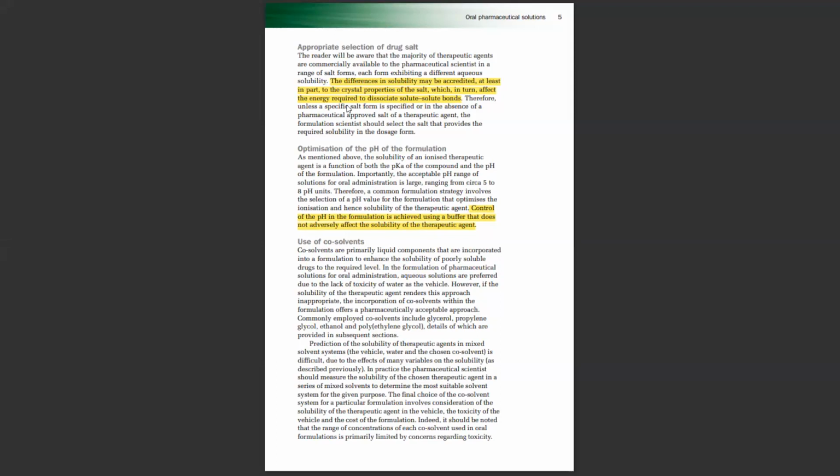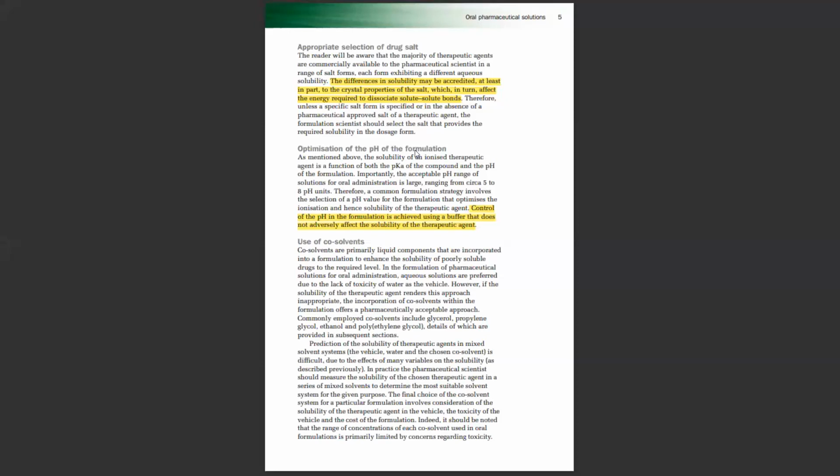But once you combine phenobarbital and sodium, you find that it's more soluble in organic solvents. So differences in solubility may be accredited, at least in part, to the crystal properties of the salt, which in turn affect the energy required to dissociate the solid-solid bonds in the crystal lattice.